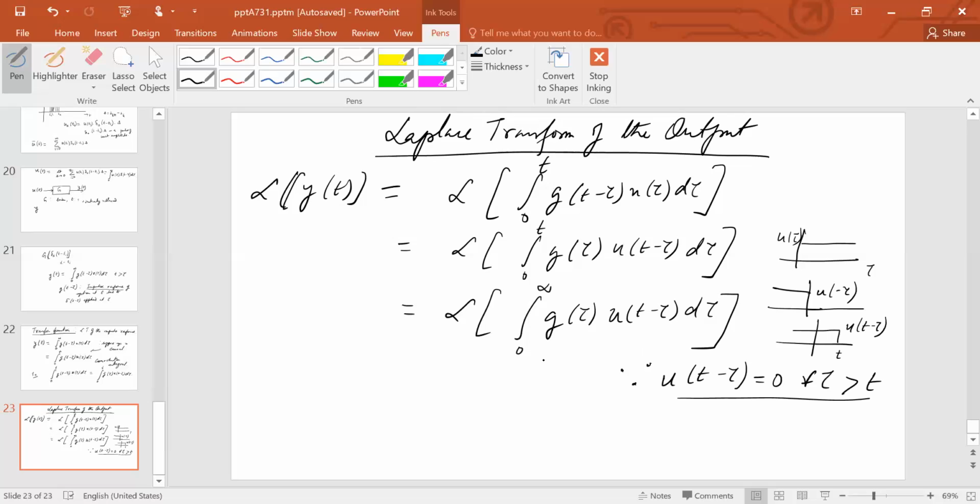So now we write this Laplace transform and it will be another integral. We put another integral from 0 to infinity, and then this other integral from 0 to infinity, g of tau, u of t minus tau, d tau. Then this is dt.